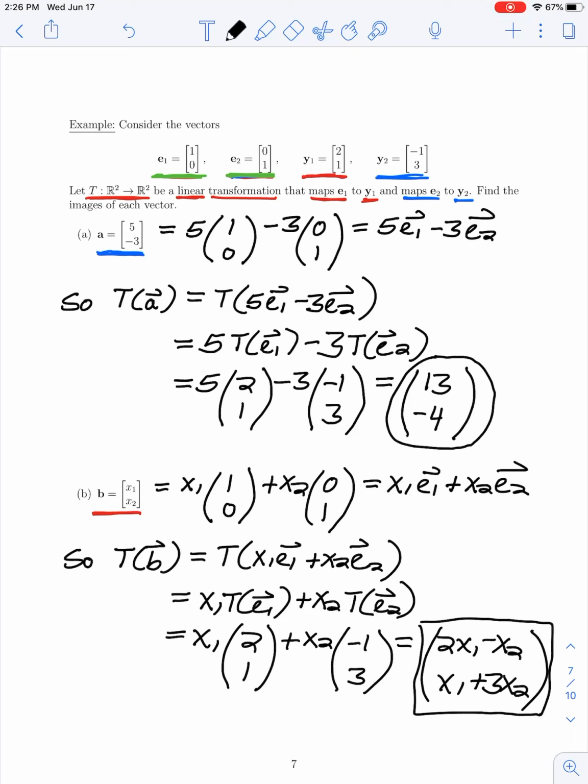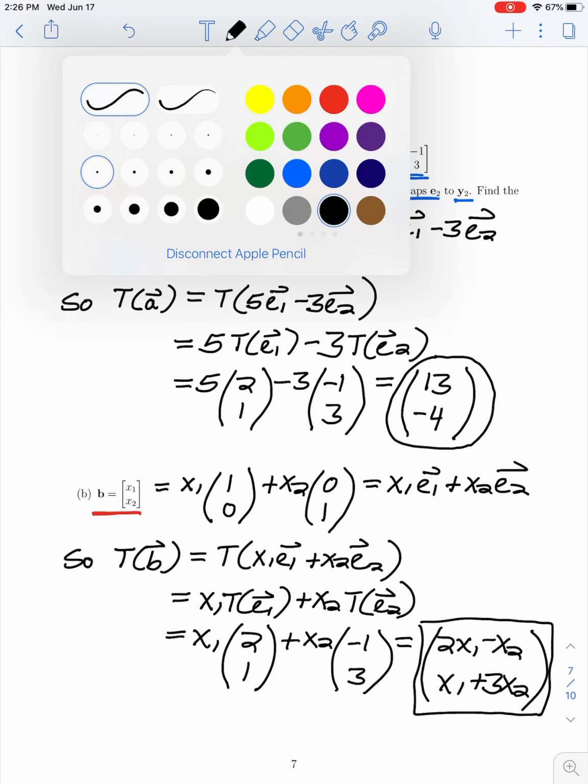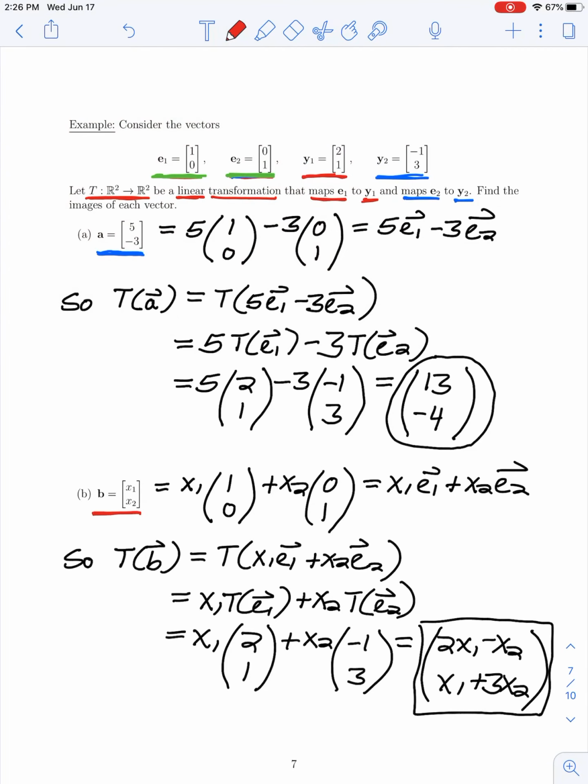And one thing to notice that we're going to look at in some more detail in our next section: if we look at the image of this transform, and at the coefficients of x1 in each row, the coefficients were 2 and 1. Notice that those were the entries of this first vector Y1.